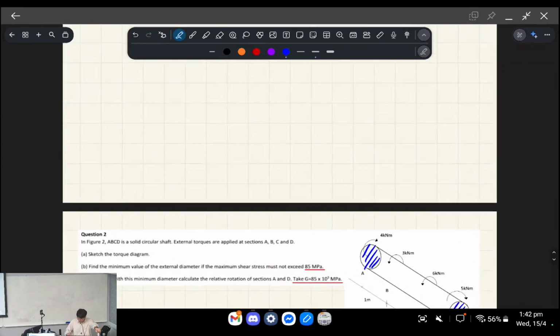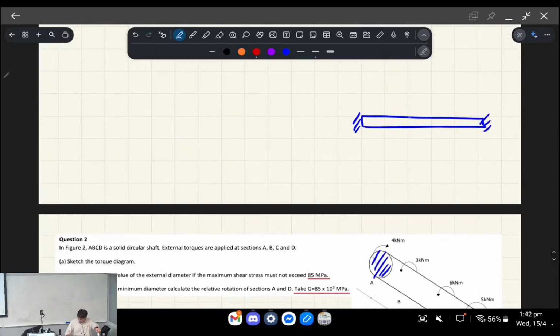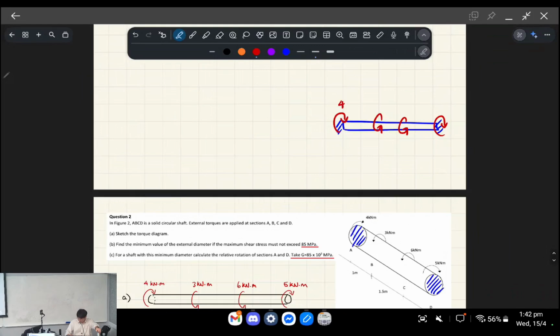Think of this like a rod that has two fixed ends, and there are two point torques applied, and then two counterbalancing reactions. You're told exactly what these are: 4 kilonewton meters, 3, 6, and 5. So basically the sum of the torques is 0. The whole system's in equilibrium. Think of it like that for now, and then I'll explain why it's not quite like that.